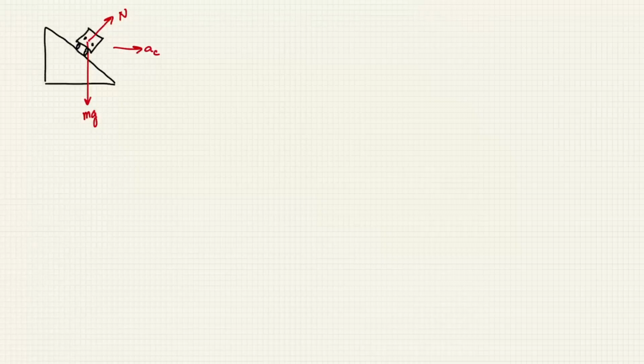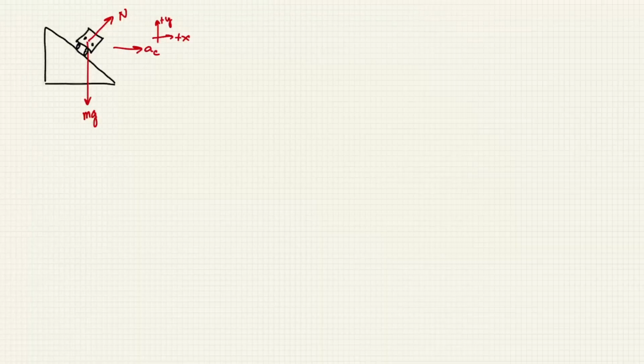And our rule of thumb tells us to do what? Always put a positive direction for an axis in which direction? Towards the acceleration. So I'm actually going to call positive x to the right. And I'm going to call positive y up.